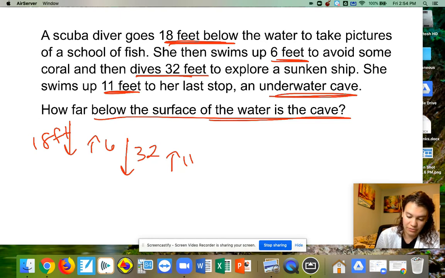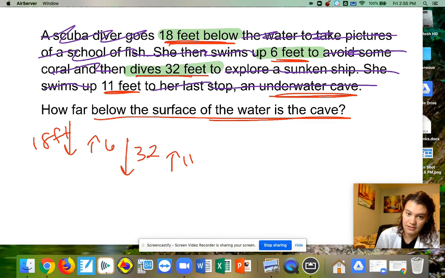So once you get those numbers, you can ignore everything else. We don't care about any of the other stuff. That's not important. We just want to look at this stuff. So I'll highlight it. We went 18 feet below, then she goes up 6, down 32, and up 11. So if we write this out, she went down 18, so she had to go negative 18.